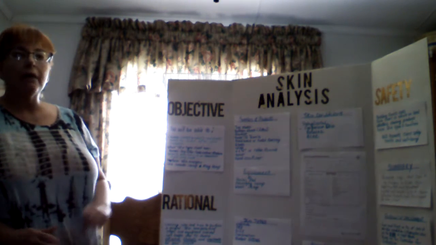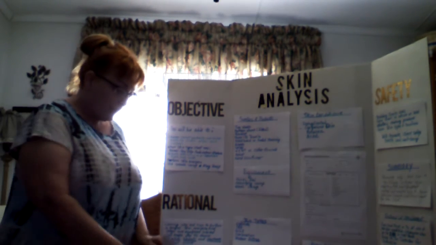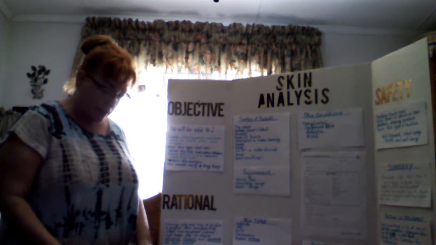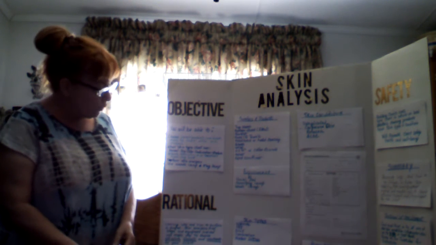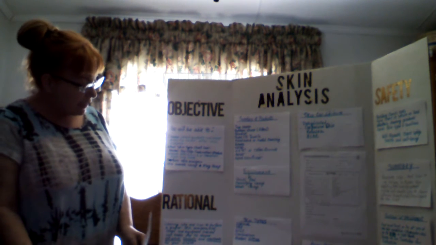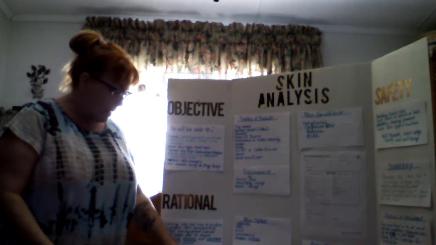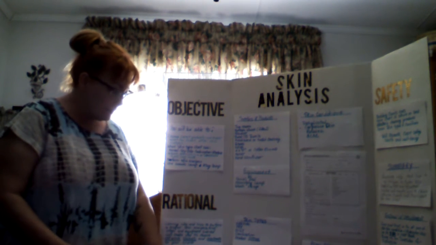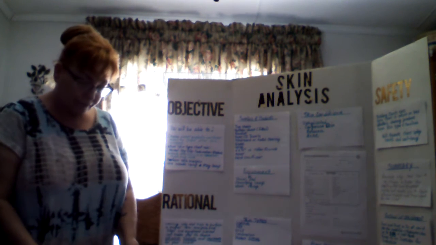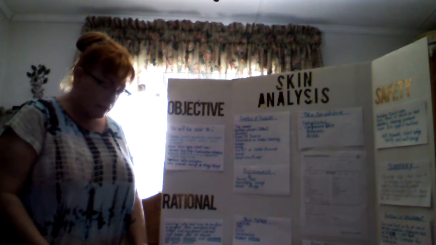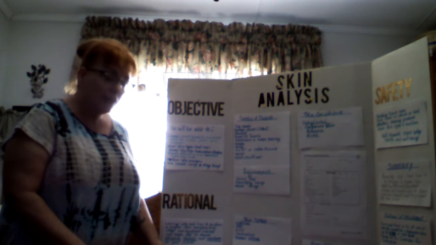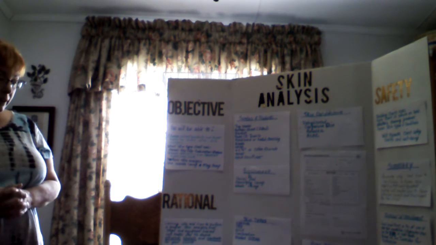Let's get back to skin types and skin conditions. There are 5 skin types, as I said. The first one that we're going to talk about is normal. A normal skin type has sufficient moisture. A dry skin lacks sebum.